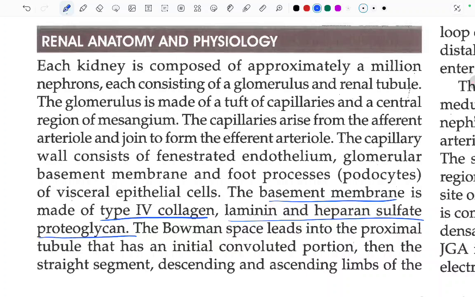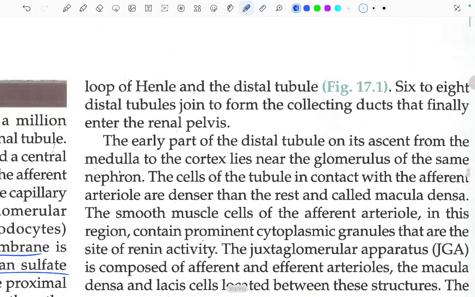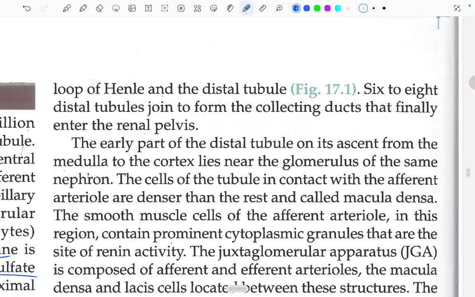The Bowman space leads into the proximal tubule that has an initial convoluted portion, then the straight segment, the descending and ascending limbs of the loop of Henle, and the distal tubule, which will be seen in this figure. We will go through that. 6 to 8 distal tubules join to form the collecting ducts that finally enter the renal pelvis.